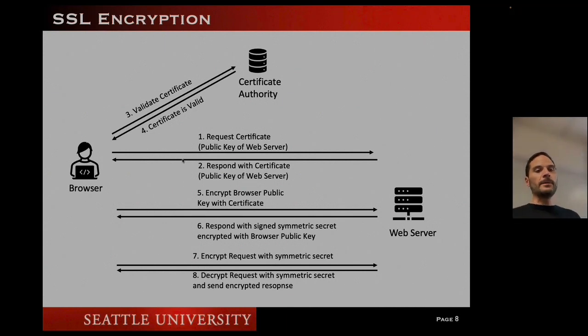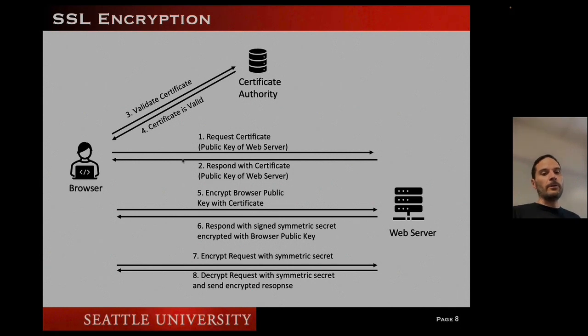And now there is something that happens that is centralized. Essentially, you contact the certificate authority to verify that the web server certificate that you just received from the web server is a valid one. That's why when you have a web server and you set up SSL, you first need to obtain a certificate, and you get that from a certificate authority.